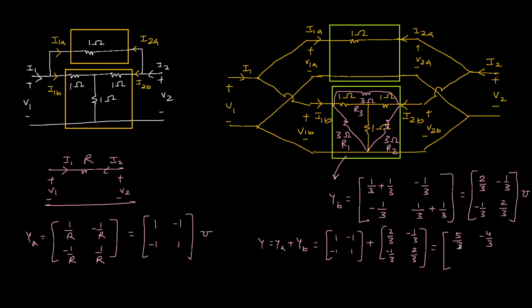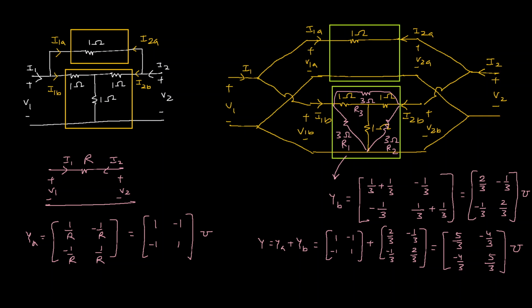Minus 1 by 3 is minus 4 by 3 and 1 plus 2 by 3 is 5 by 3. All are in mho. So that's how we find the Y parameter of this two-port network, which consists of two-port networks connected in parallel.